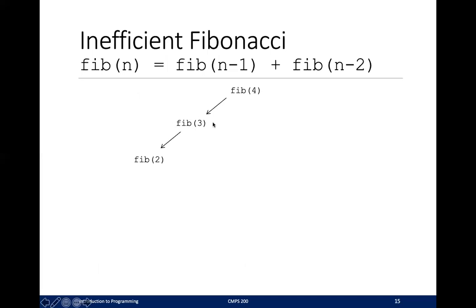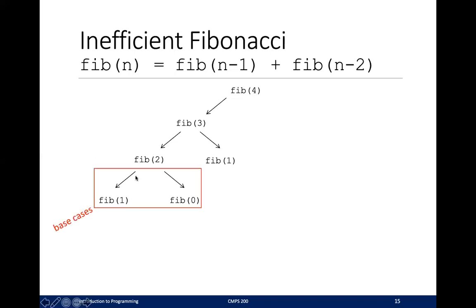And Fibonacci of 3 would call Fibonacci of 2, and Fibonacci of 2 would call Fibonacci of 1, which is the base case, and then the second base case, Fibonacci of 0. So Fibonacci of 3 has called Fibonacci of 2 plus Fibonacci of 1. Fibonacci of 2 has called Fibonacci of 1 plus Fibonacci of 0. Both are base cases, so I can proceed.